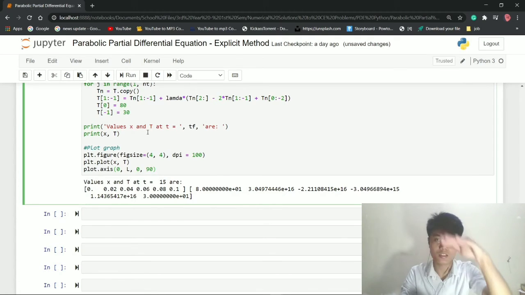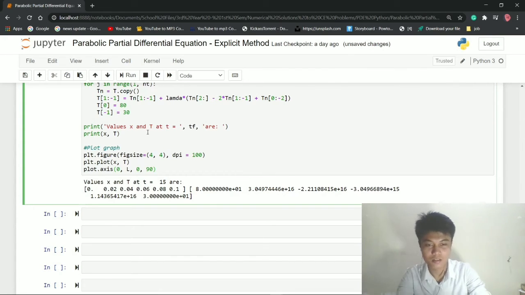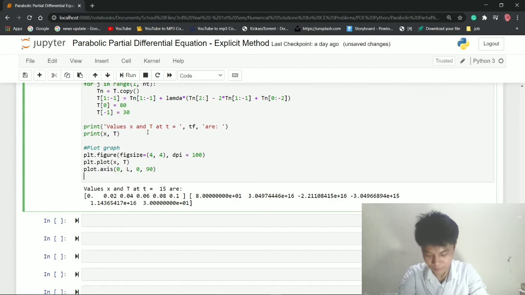Yung maximum kasi natin na temperature, di ba, 80. Lagyan natin ng 90 para hindi naman sagad dun sa graph. And then we define our x label. So this is the distance in meter.